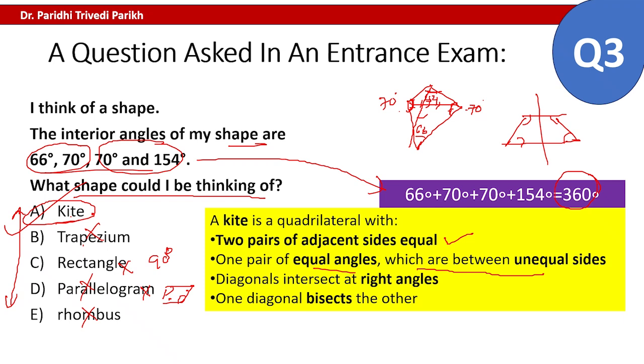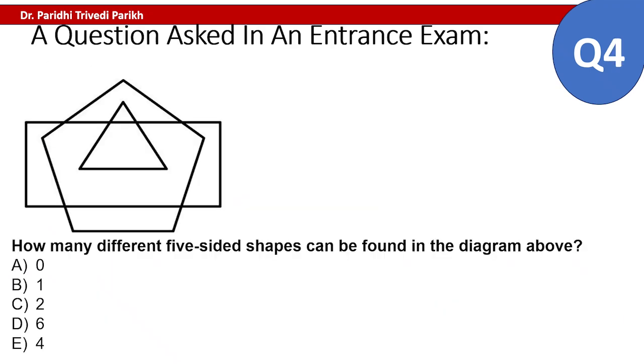Okay. Now the next question is, how many different five-sided shapes can be found in the given diagram? First of all, what I should do is give names to the various vertices.